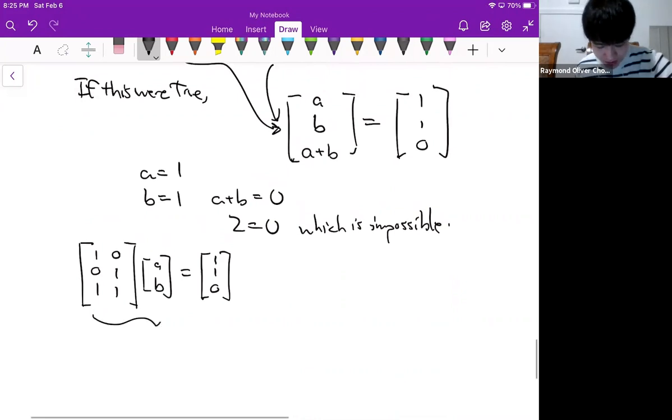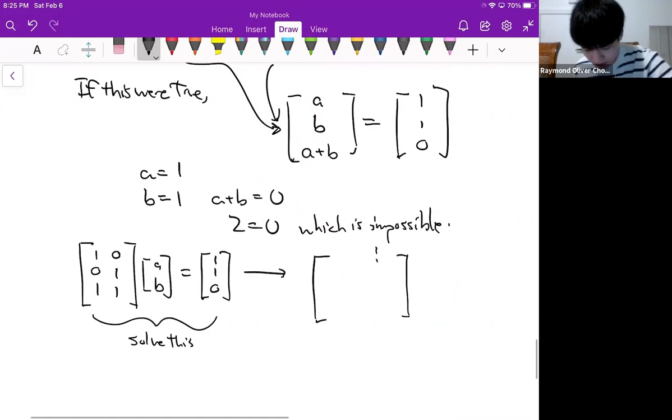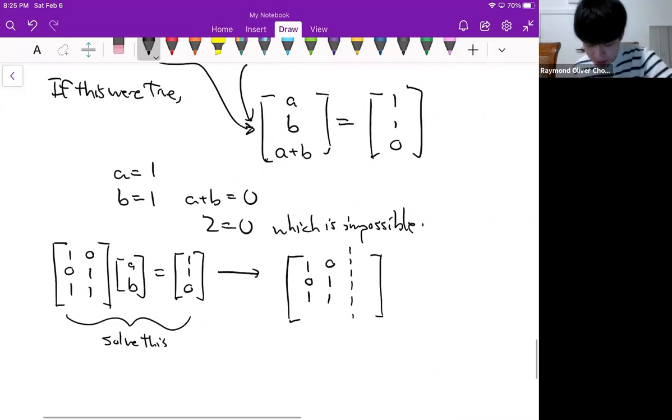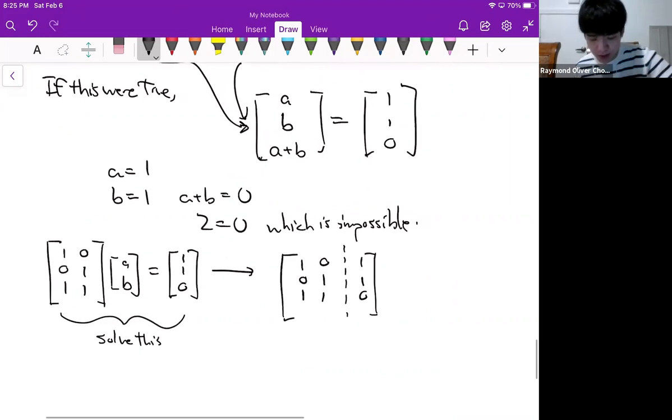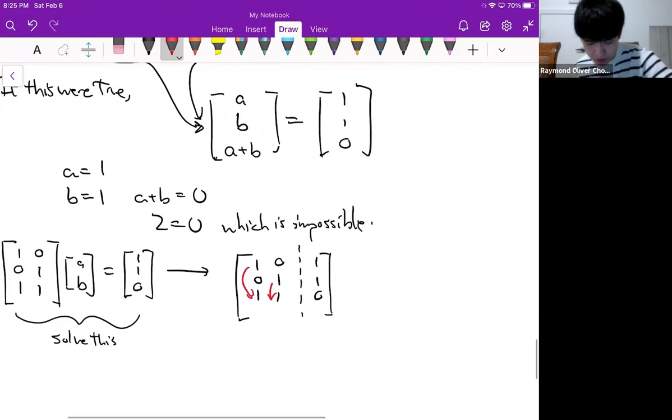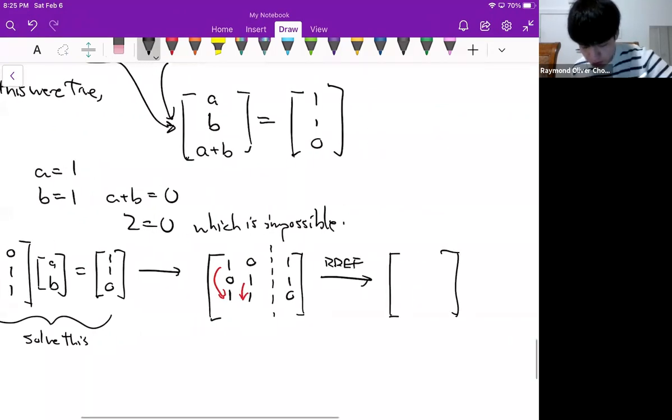You would try to solve this, because then you would put this into this thing we set up last time. And then once I row reduce the first two columns, you're going to find this happen. It turns into this.